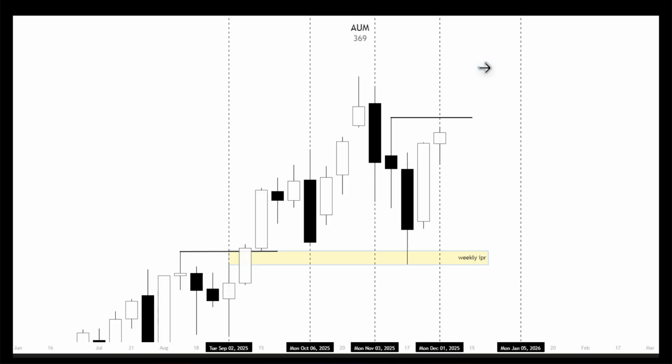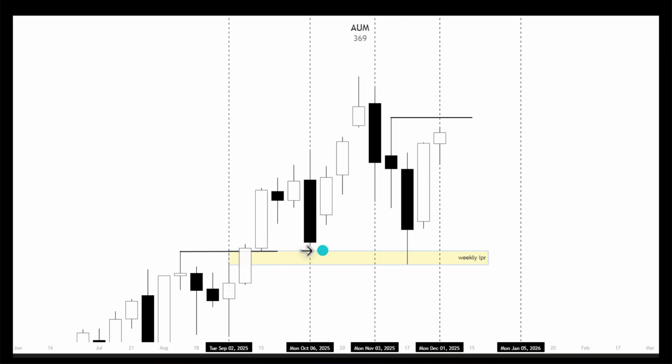As you can see, multiple times price has balanced this range and chosen this range as a point of interest to move forward. This tells us the weekly bias or the monthly bias in the months of November and October.